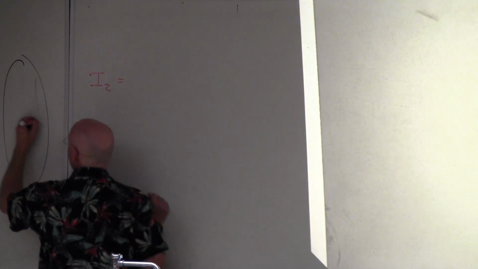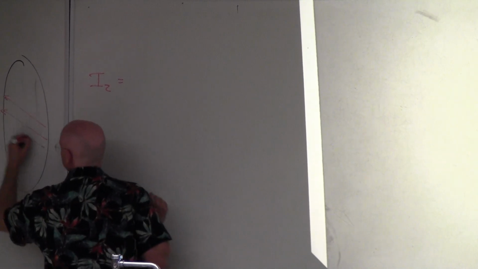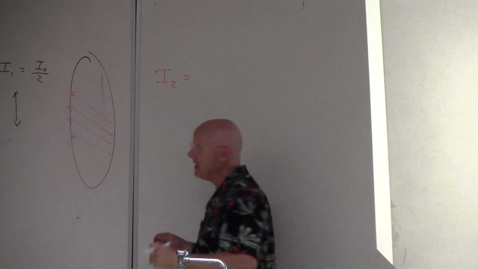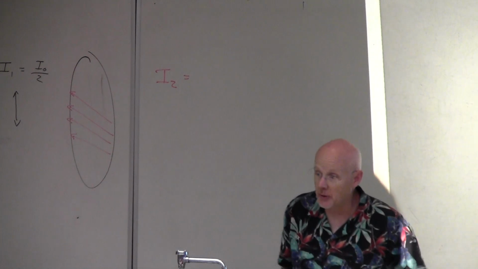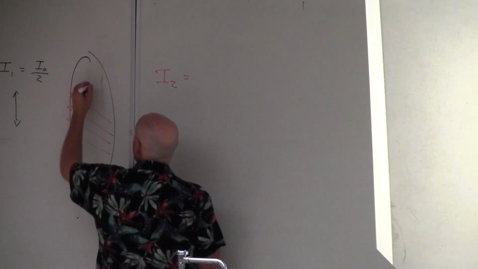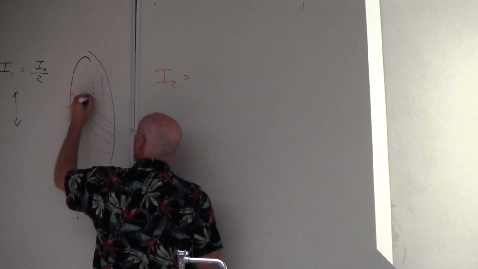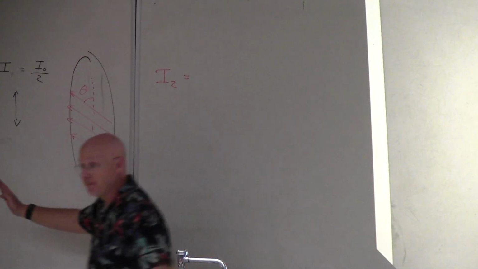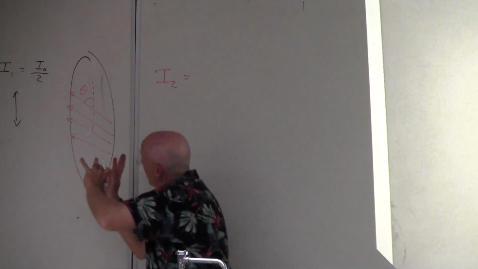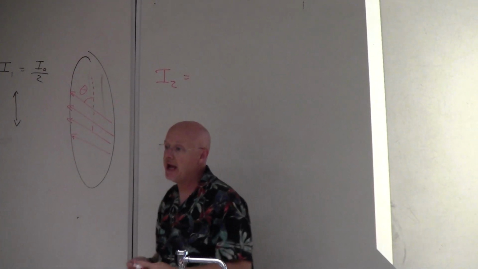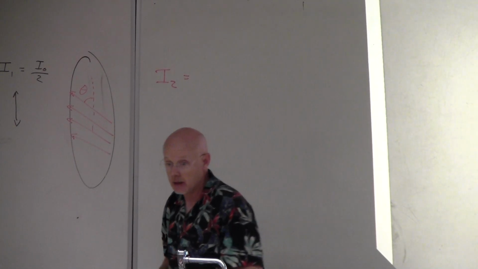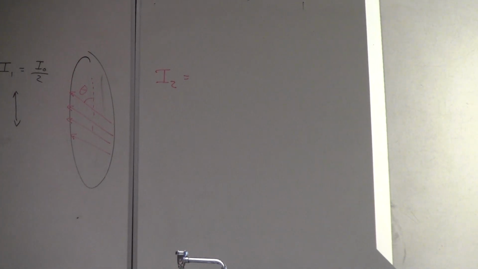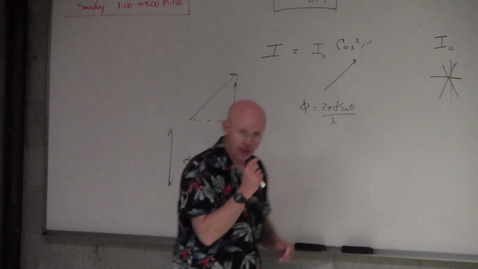It would depend on how the second one is aligned with the first one. And so if I started with this first one vertically, and the second one then rotated an angle theta from that, as you were pointing out here, how much would I get through?